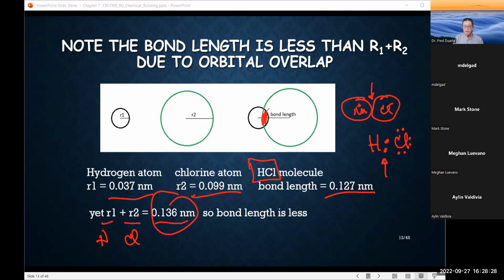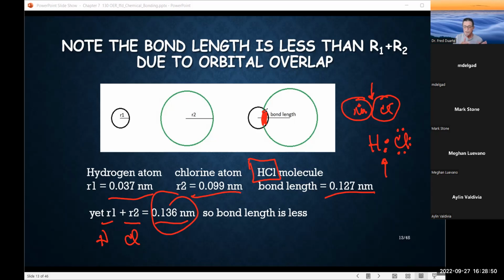That is the result of the overlap of those 2 electrons. Where they thought the atoms would be up against each other, that's not the case. There's overlap because of the sharing of those 2 electrons between the hydrogen and the chlorine. We're going to learn that there's equal sharing and unequal sharing.